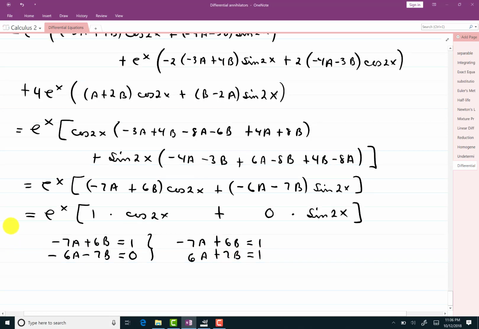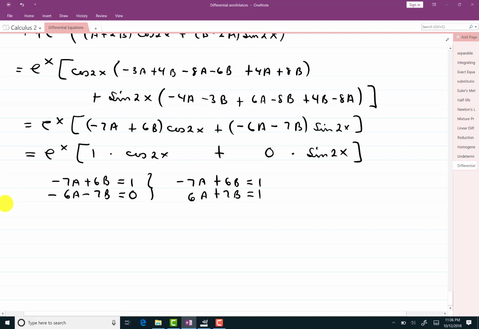Now, I want to find a and b. I think the easiest thing to do is to multiply the first equation by 6 and the second equation by 7, and that'll wipe out the a's. So if I multiply this first equation by 6 and the second equation by 7, I will get negative 42a plus 36b, and that'll equal 6.